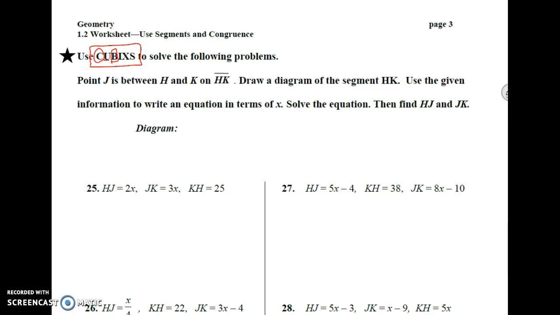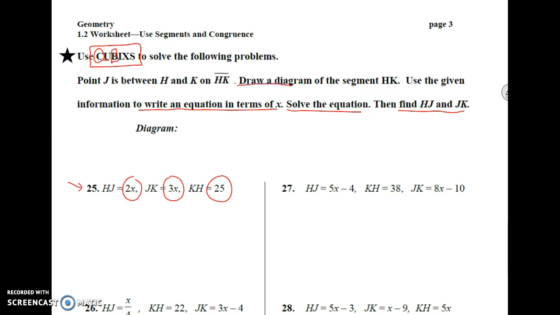First thing we're going to do is circle the numbers. There don't happen to be any numbers in the problem. We're going to go down here to question 25, and here are the numbers right here that will work with this problem. So there's our circle. We will underline the question. It says, draw a diagram right on top, write an equation in terms of x, solve the equation, find HJ and JK.